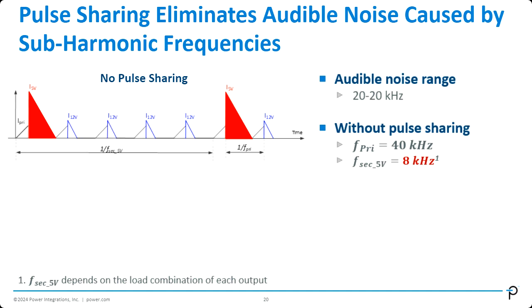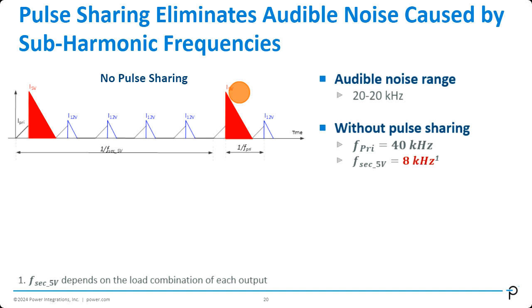And as you can see, this clearly creates a switching pattern that is different than the primary switching pattern. So for example, if the primary switching frequency is 40 kilohertz, then this 5-volt switching pattern that you create would only be 8 kilohertz switching frequency. This is what we call a sub-harmonic frequency.